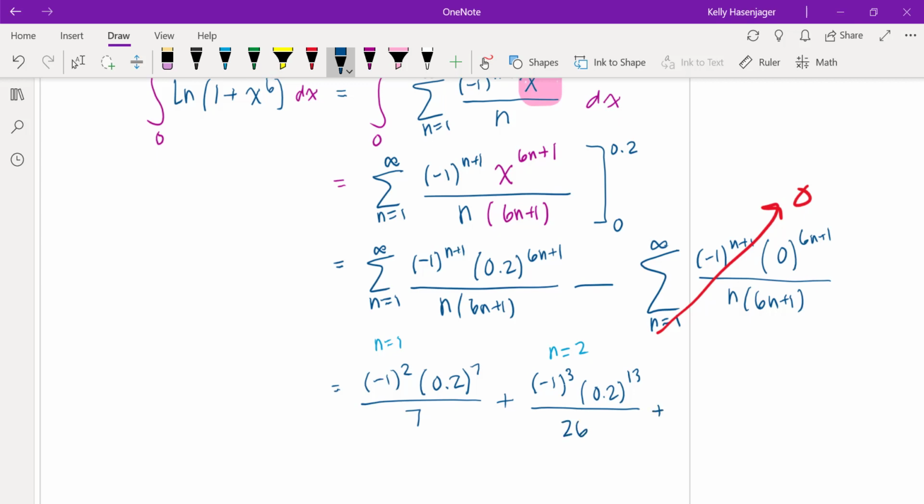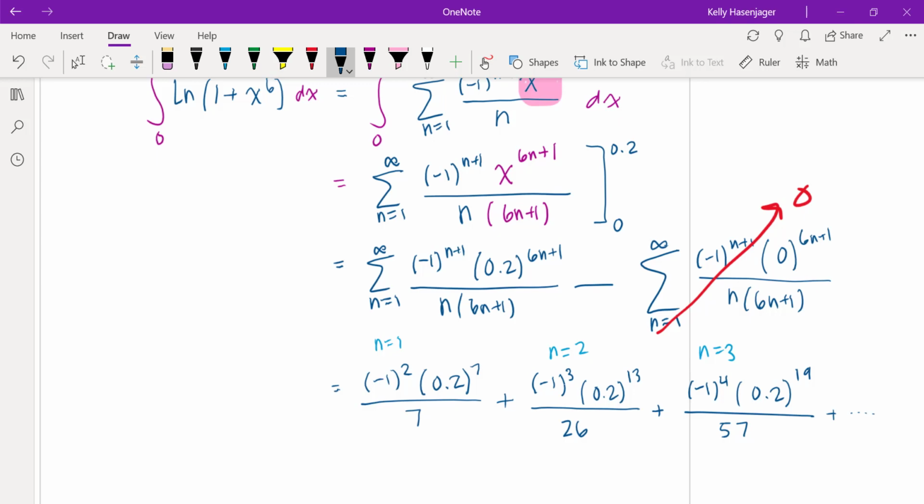Plus, now let's do n is equal to 3, so that would be -1 to the 3 plus 1, so the 4th power. Then we have 0.2, 6 times 3, that's 18, plus 1 is 19, all over 3 times 19, so 57.